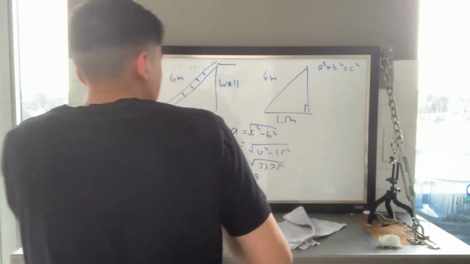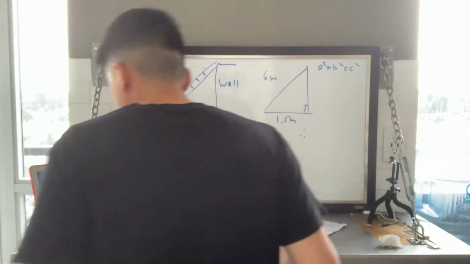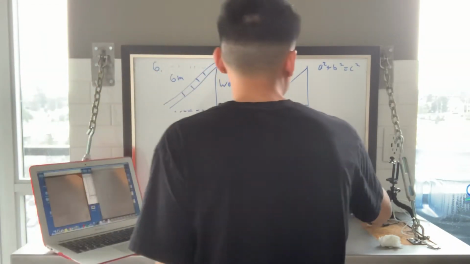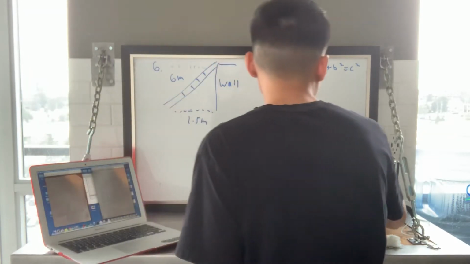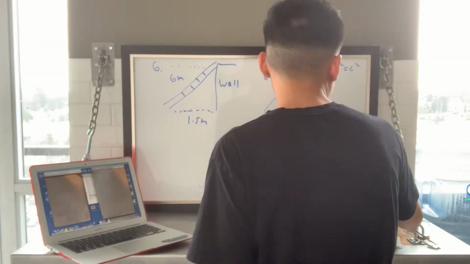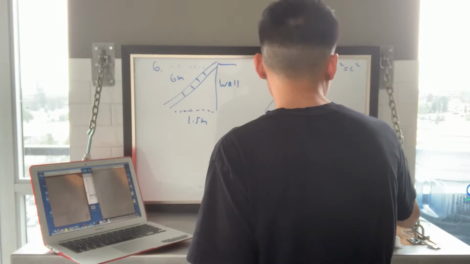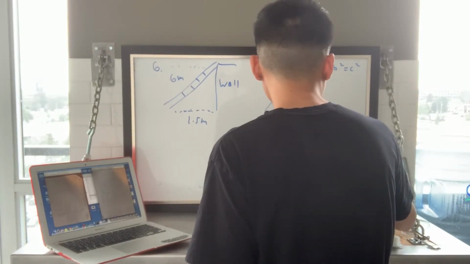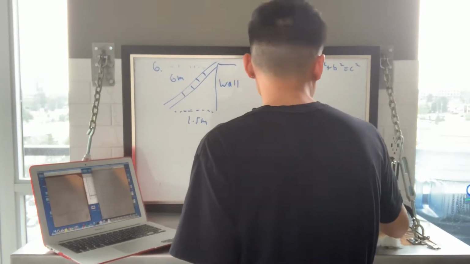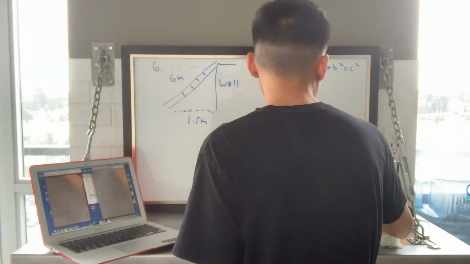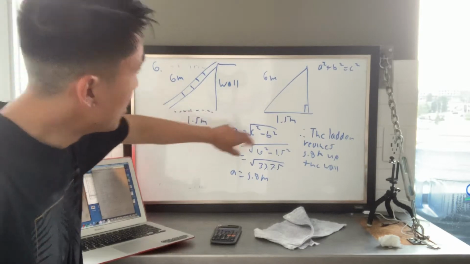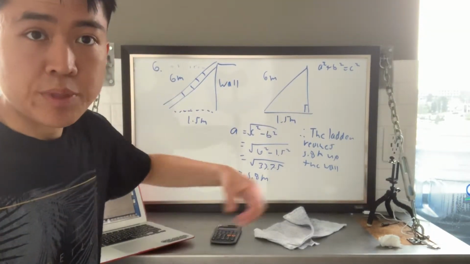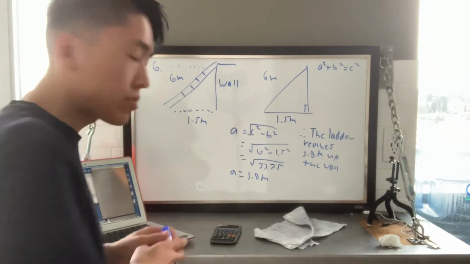So that means, and a therefore statement, therefore the ladder reaches 5.8 meters up the wall. So we found this last, how high up the wall? That is 5.8 meters. That would be your answer for that question.